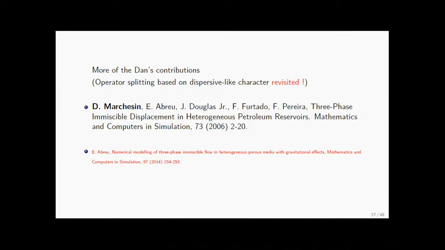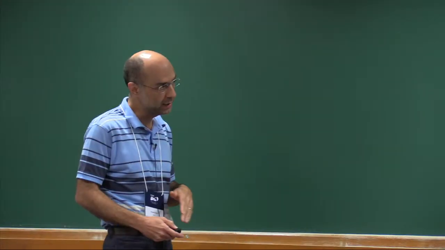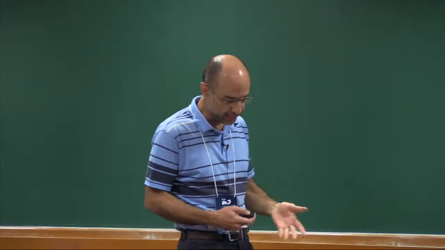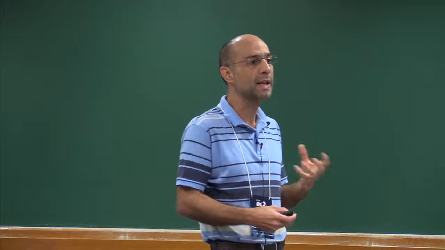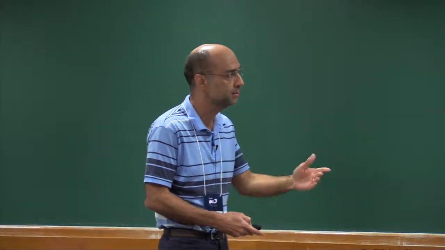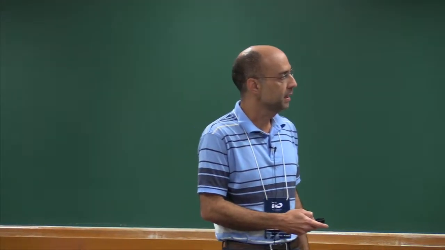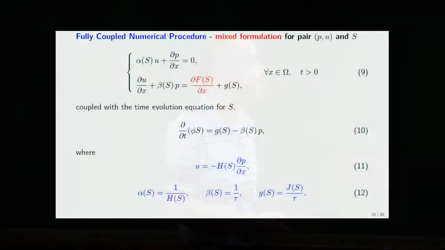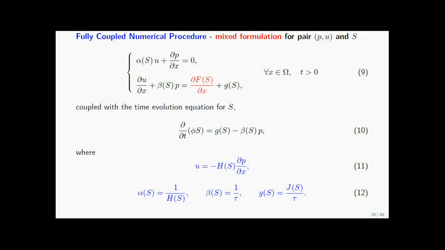So to do this, we revisit this work of Dan Marchesin, using splitting to understand the behavior, in which we used the mixed finite element approach combined with the finite volume approach. So this is the idea. The same model, but now we rewrite the equations in the spirit of the mixed formulation.